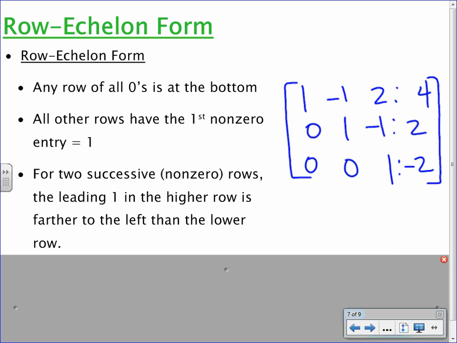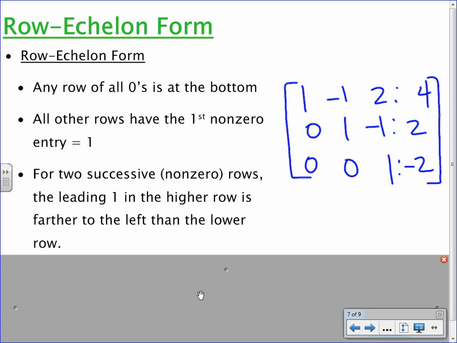If we have an all-zero row, it will go in the very bottom. So what if the first number is not 1? Then you would divide by something, or multiply by a fraction, to make it 1.